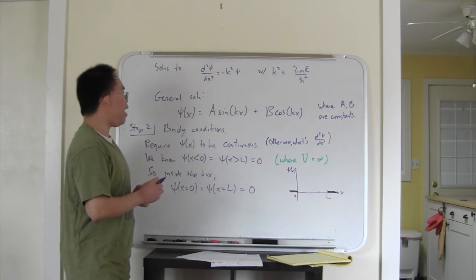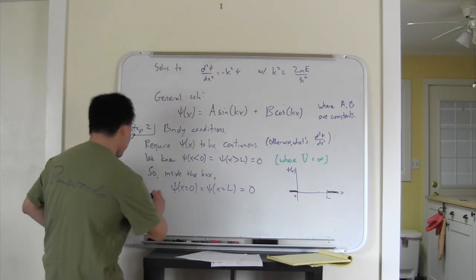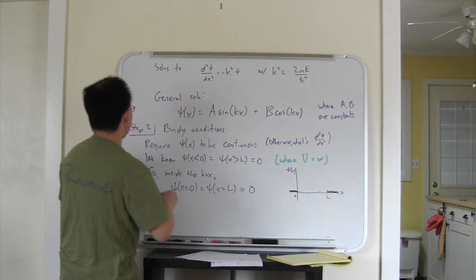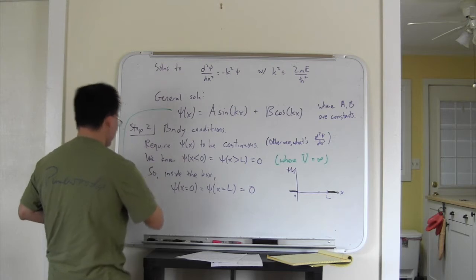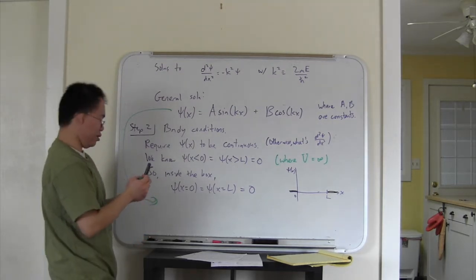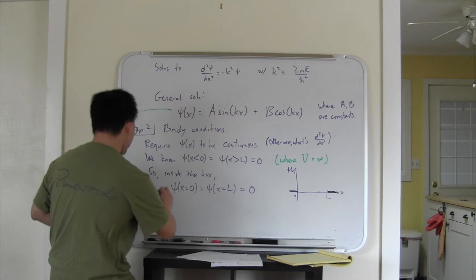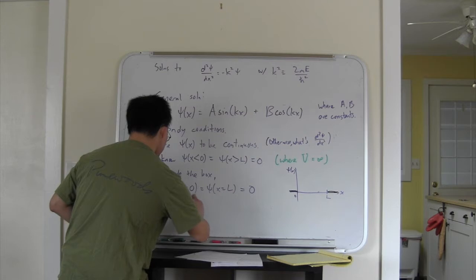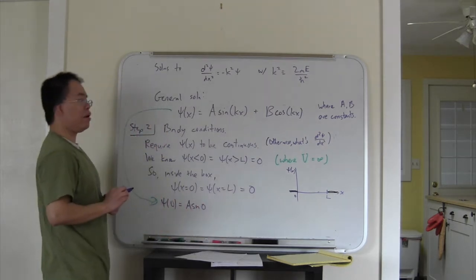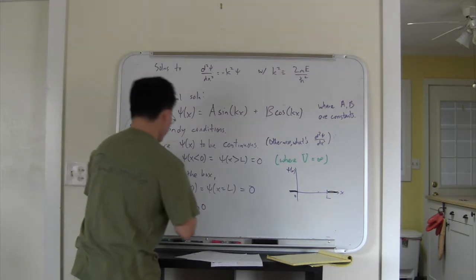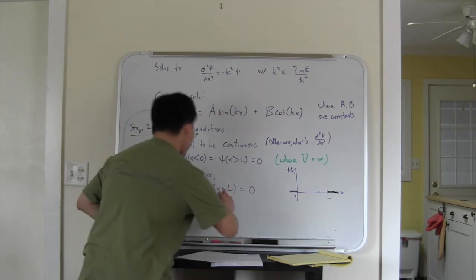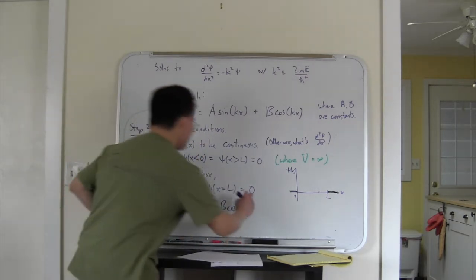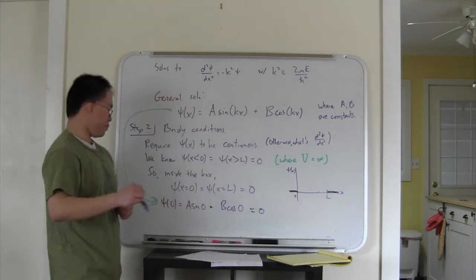So let me draw an arrow here. If I take that general solution and plug in x equals 0, right, so I have a sine 0 plus b cosine 0, and we just said that that has to be 0.